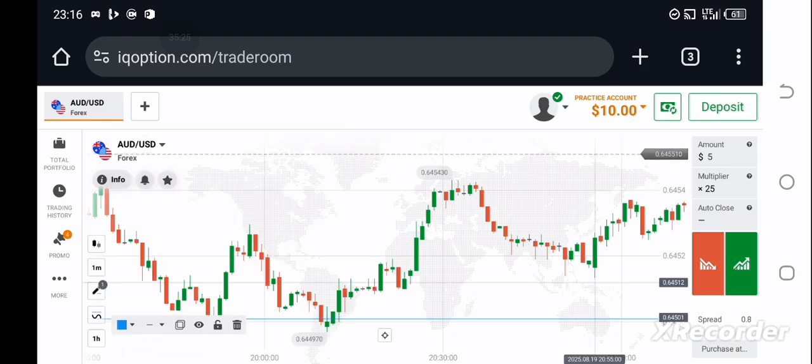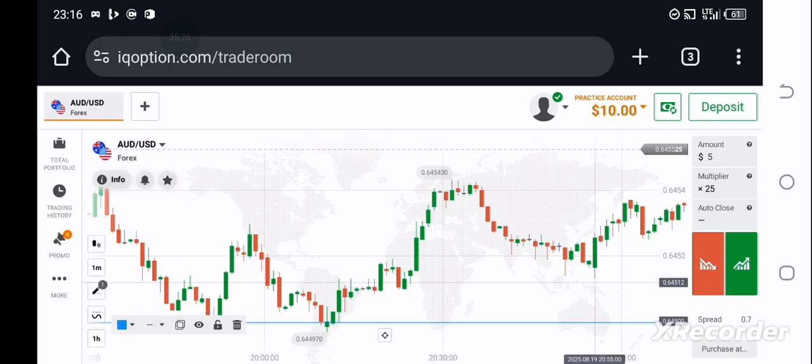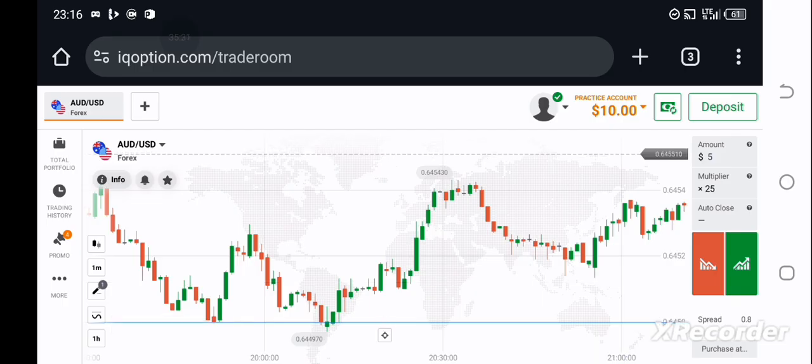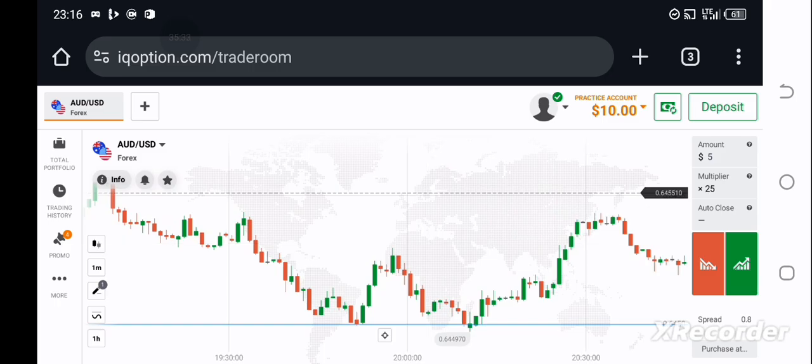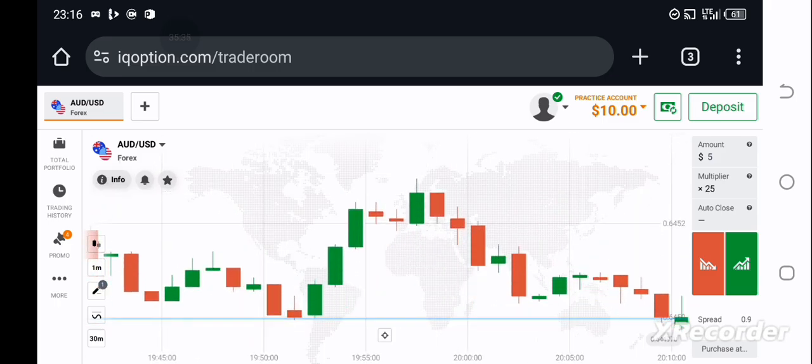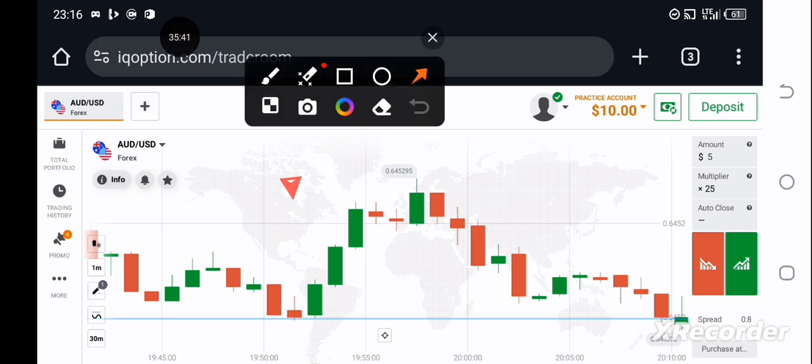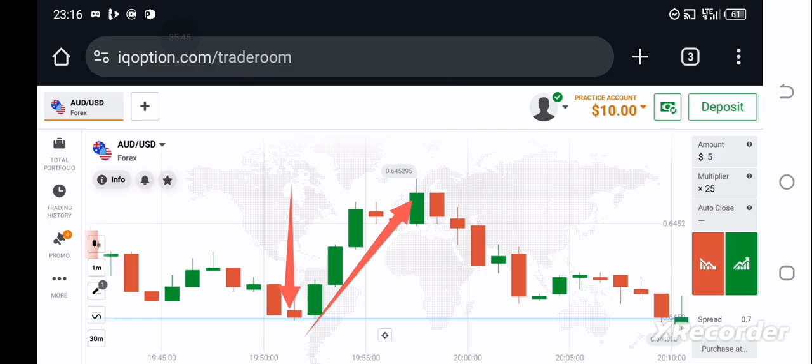So the sellers close at that level. Now, if you look carefully, you can see that we saw an inverted hammer. Look at an inverted hammer, a bearish inverted hammer, yet the market goes up.